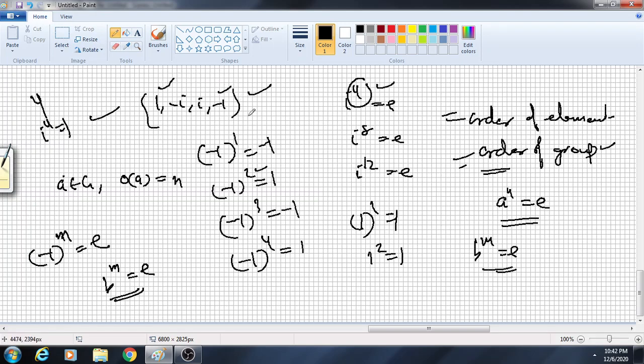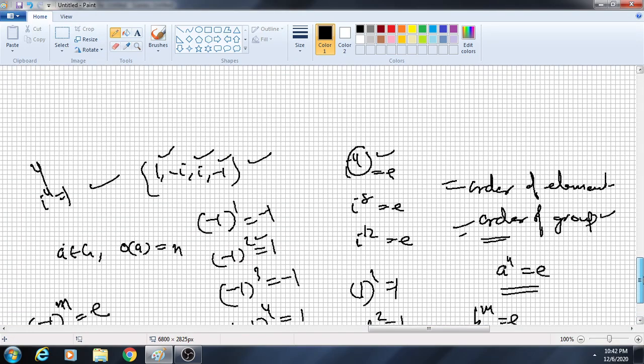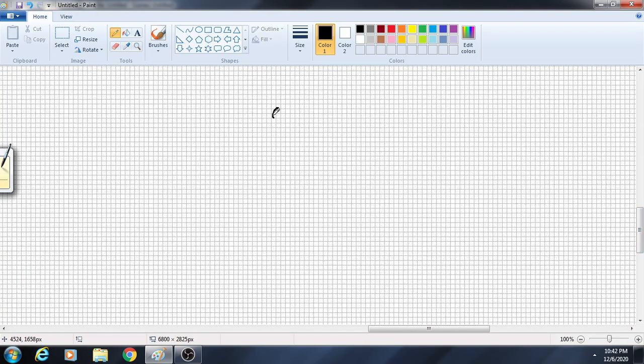The order of minus 1, as I have shown, is 2. The order of i, we already know, is 4. If you take minus i also you will get 4. So the orders of the various elements will be entirely different, but the order of a cyclic group is the order of the generator. I hope it is clear what we mean by the order of an element and also of a group.